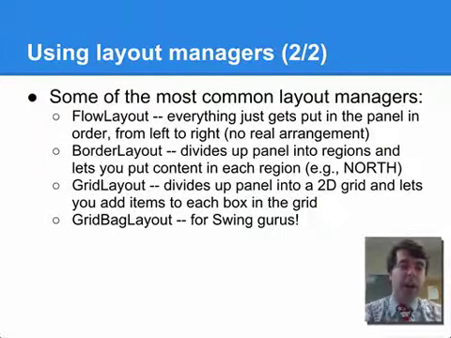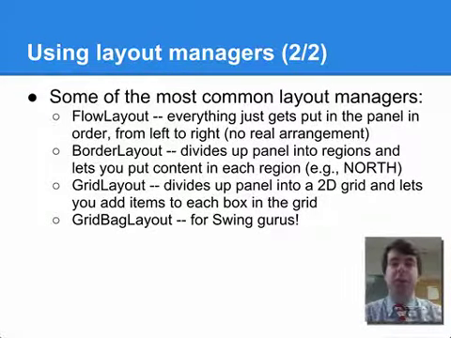So we talked about FlowLayout, but there's BorderLayout, which divides up the container into five basic regions: north, east, south, west, and center. And you can tell each object which part of the panel you want it to go into when you add it.